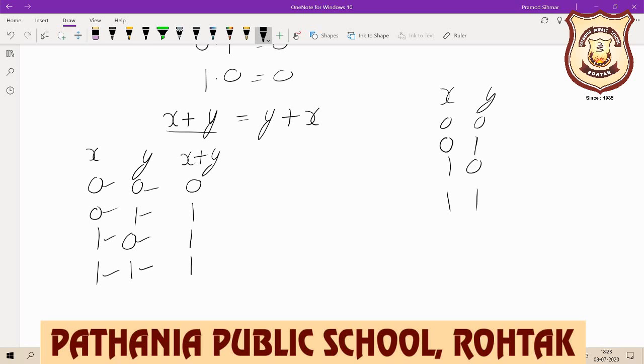Okay, now y plus x. 0 plus 0 is 0. 1 plus 0 is again 1. 0 plus 1 is again 1. And 1 plus 1 is 1. So x plus y is equal to y plus x. Commutative law says that always x plus y is equal to y plus x.